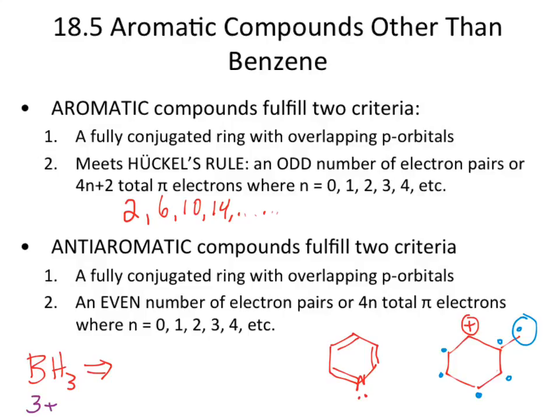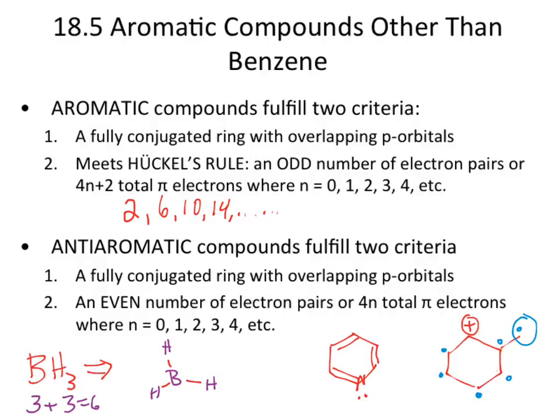Hydrogen comes in with 1. There's 3 of them, so we get 6 total. So what's the hybridization of the boron? sp2. So it has a leftover p orbital.